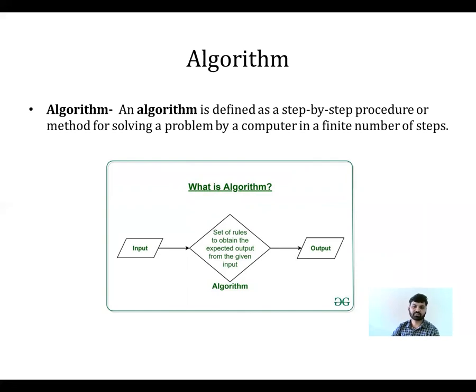Then there is a diagram to study what is algorithm. We have to give some input, then this input is applied on a set of rules to obtain the expected output from the given input. This is the algorithm.